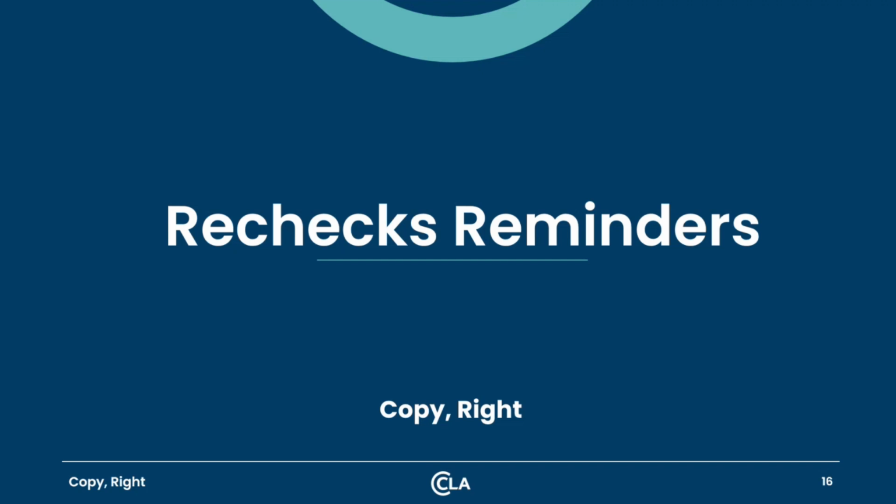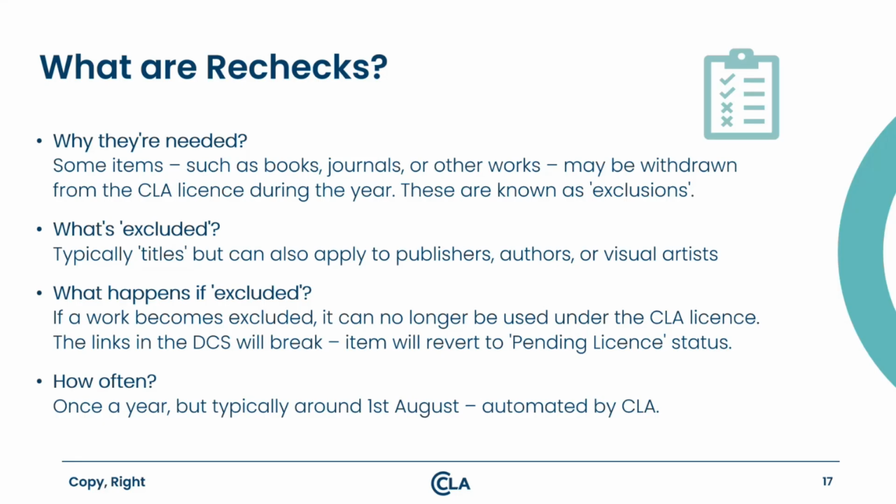It's possible that titles could have become excluded since they were first checked. It might be useful for you to understand some of the reasons why a title might have had its permissions changed through the year. So over the past year, the following may have happened.